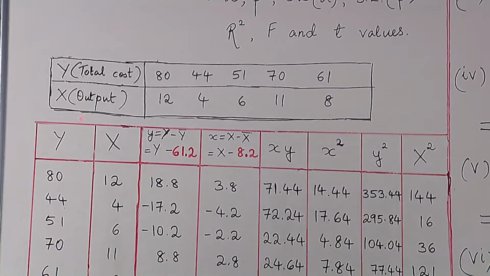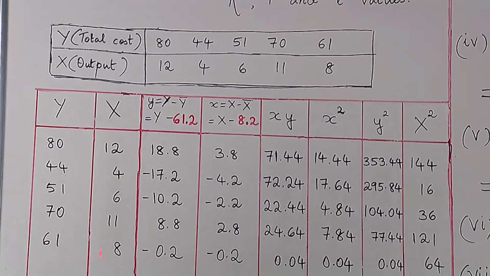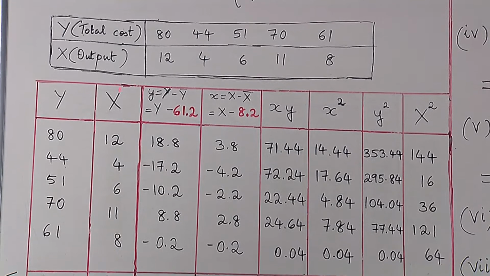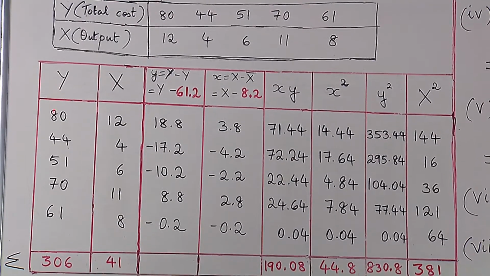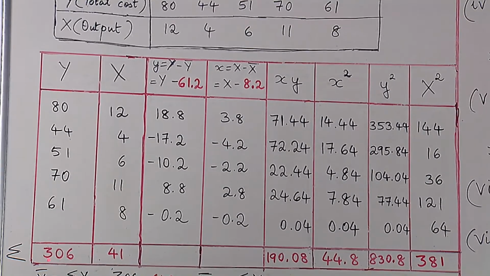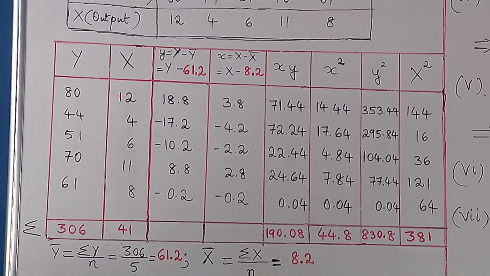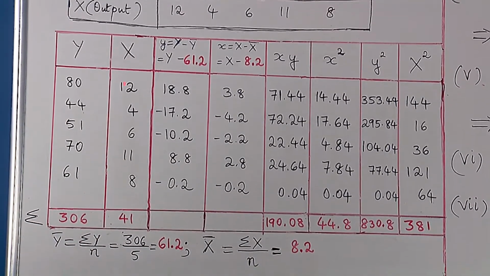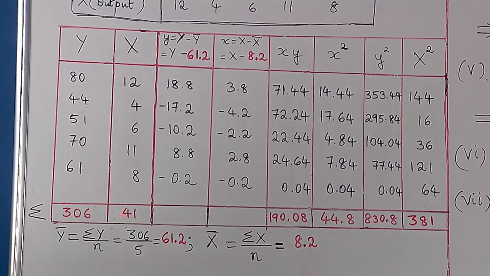Similarly, x also can be arranged column-wise. Here we sum up all the y values together and get a total of 306. Similarly, all the capital X values together give a total of 41.